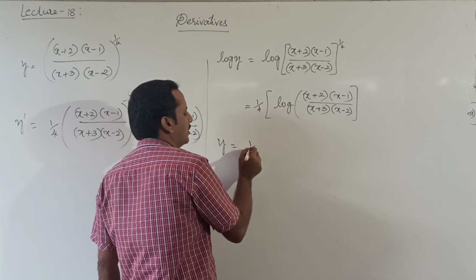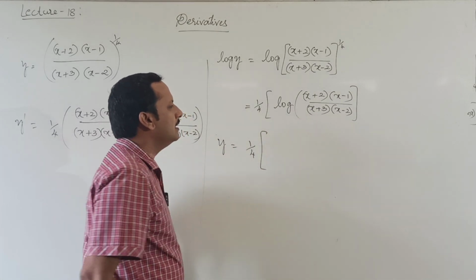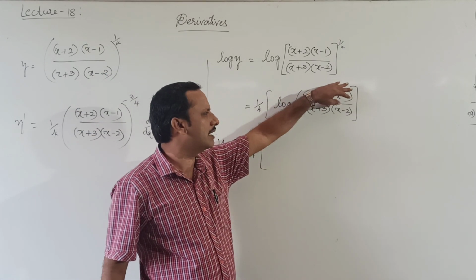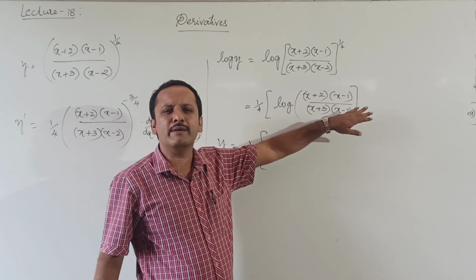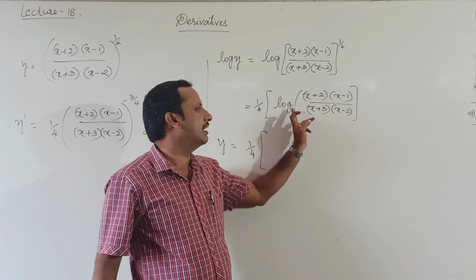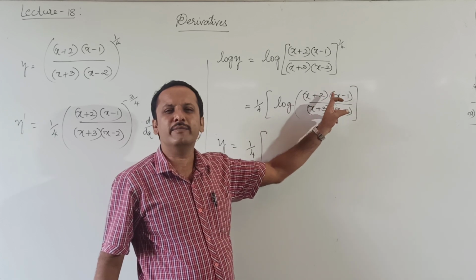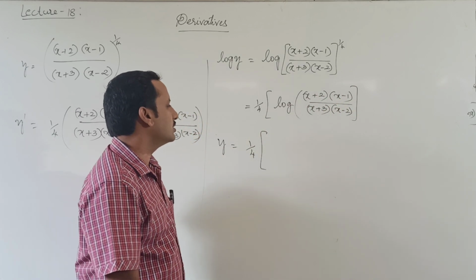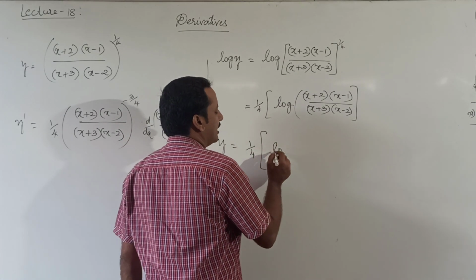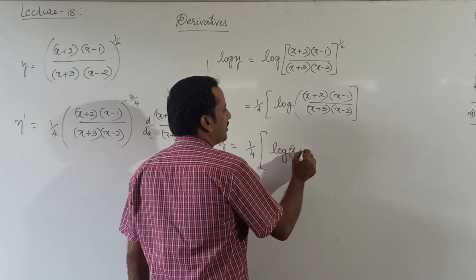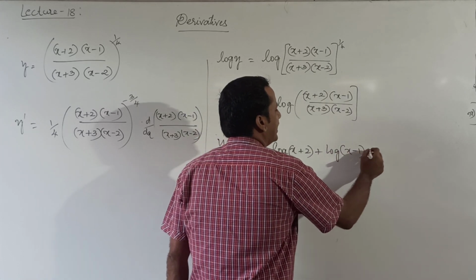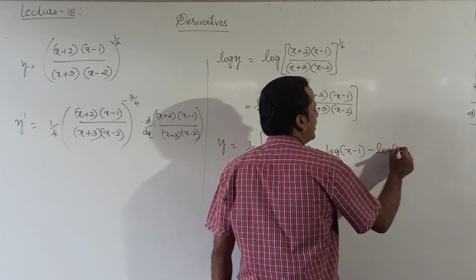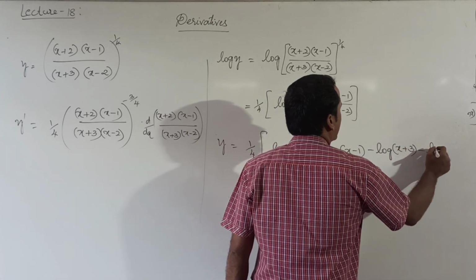So log y is equal to 1 by 4 into, you can write this using log m by n. Log m by n is equal to log m minus log n. And further, log m into n can be written as log m plus log n. So after simplification, I can write this as log x plus 2 plus log x minus 1 minus log x plus 3 minus log x minus 2.